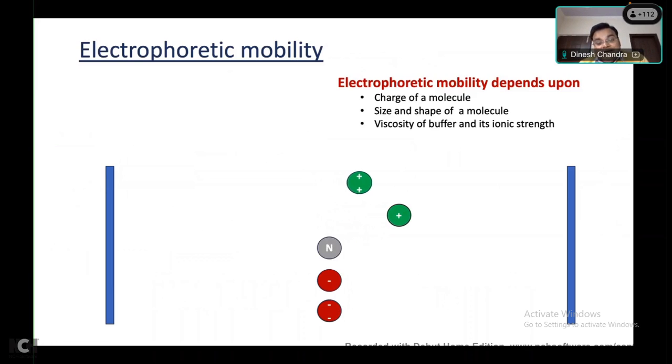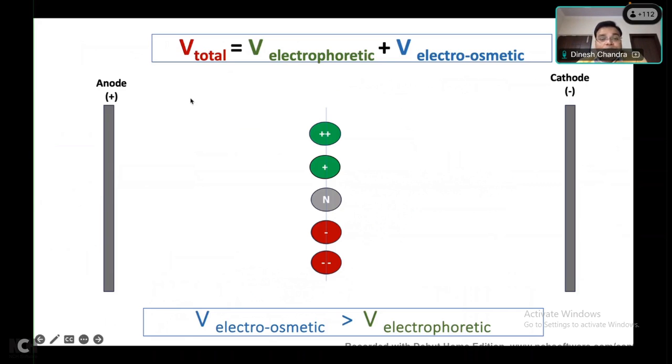According to their charge, they move in this way. This is the cathode and this is the anode. So they move according to their charge. This is how the molecules move in capillary zone electrophoresis.